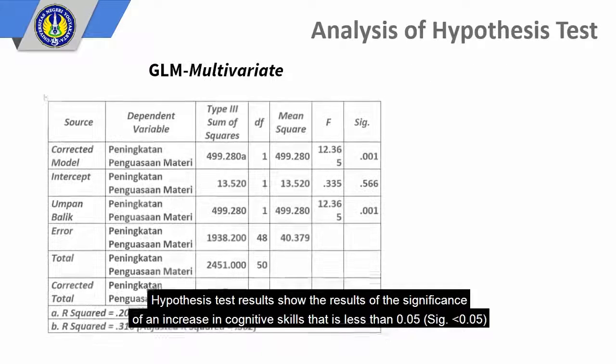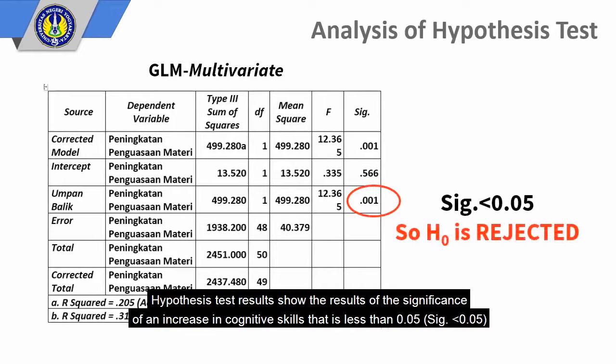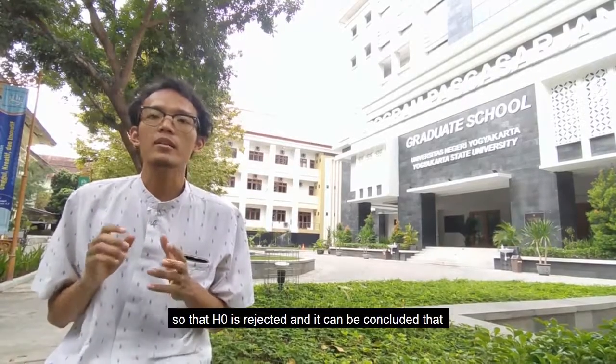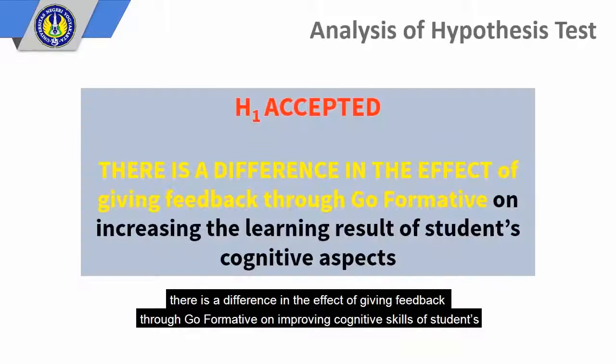Hypothesis test results show the significance of an increase in cognitive skills is less than 0.05, so that H0 is rejected, and it can be concluded that there is a difference in the effect of giving feedback through Go-formative on improving cognitive skills of students.